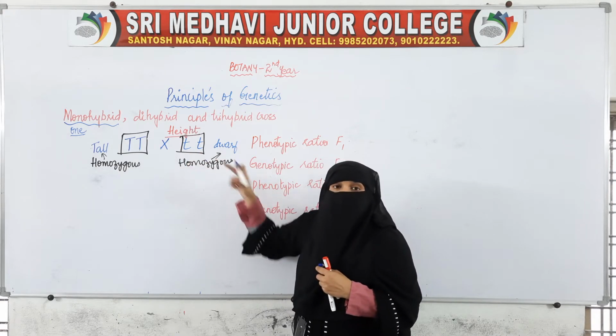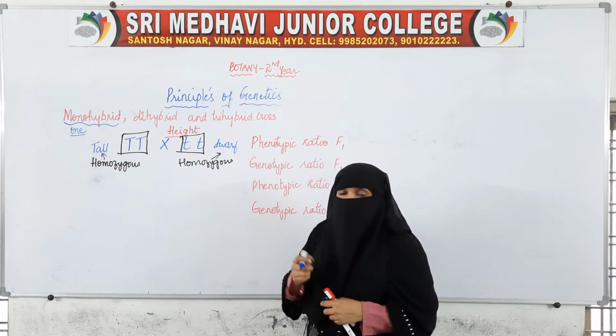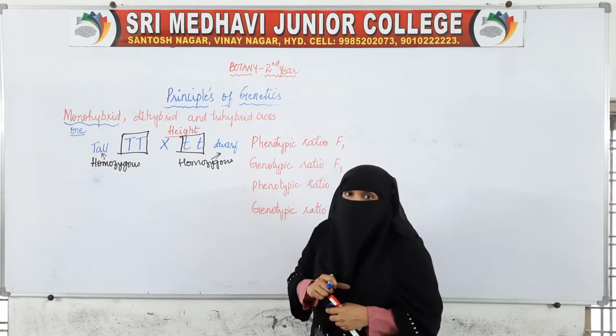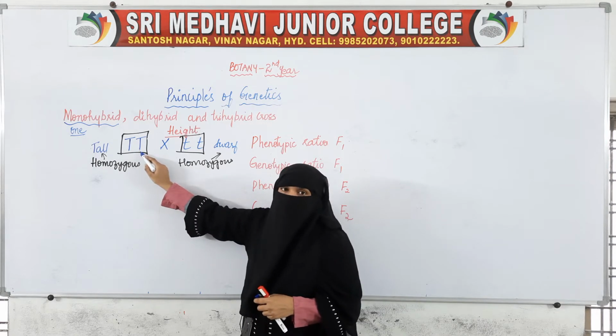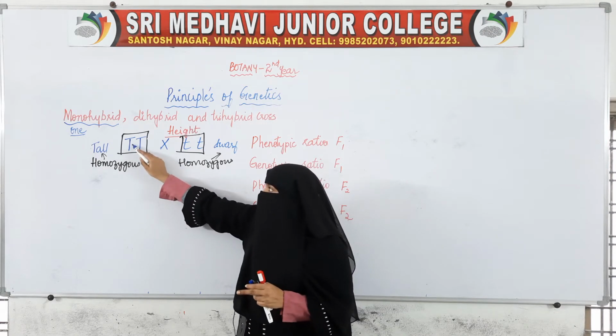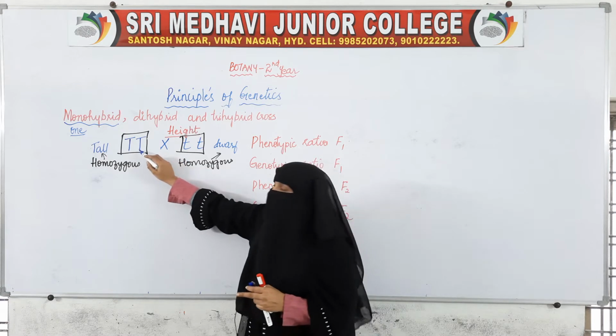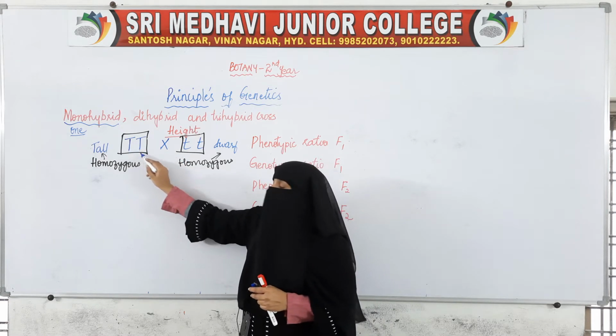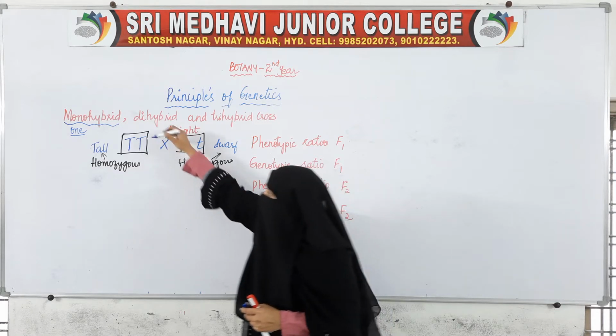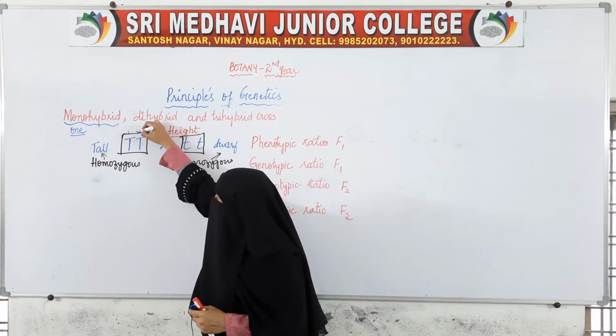In the second law of Mendel, the law of segregation, both the alleles will get separated. This is the gene which gives the character height. A gene has two alleles, this is one allele and this is another allele.